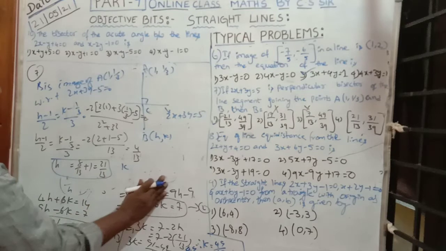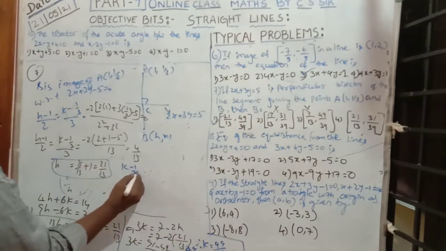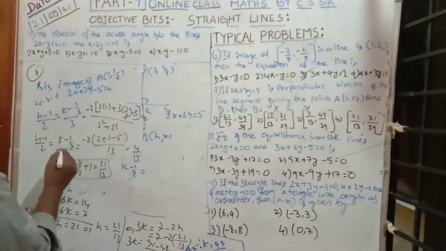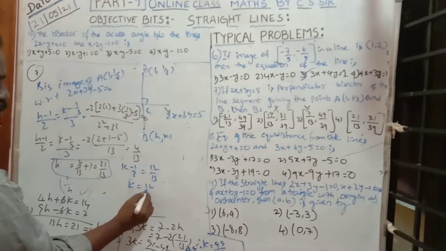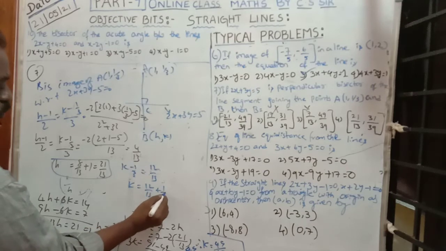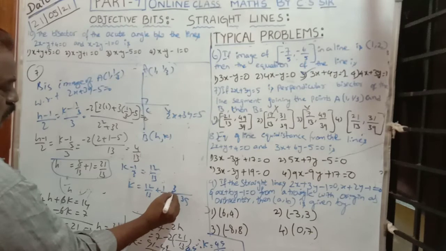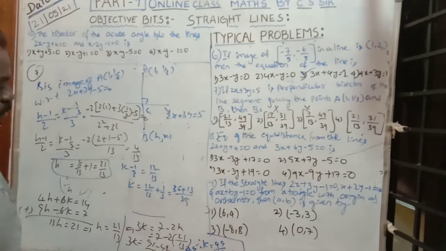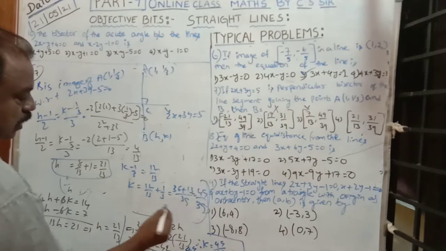Again, k minus 1 by 3 is equal to 12 by 13, so k is equal to 12 by 13 plus 1 by 3. 39 is the LCM. This is 36 plus 13, so it is 49 by 39.